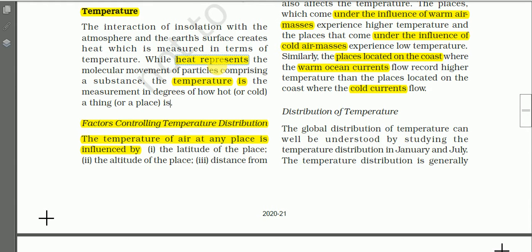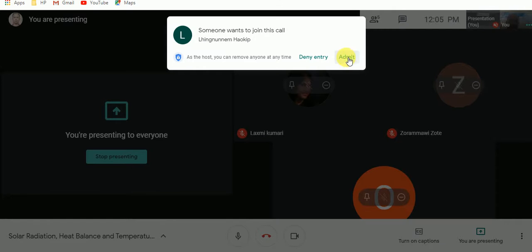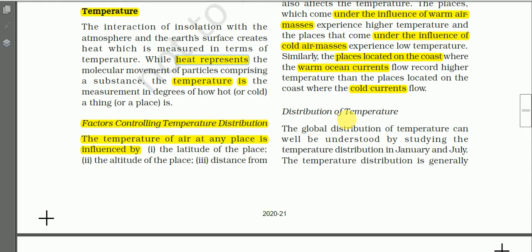Whereas temperature is a measure of the average kinetic energy of the atoms or molecules in a substance.